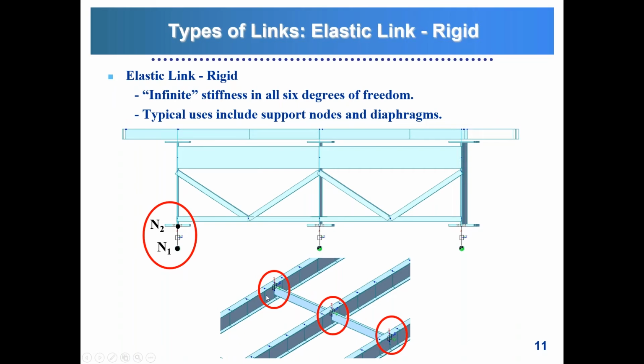And then we also use that at diaphragm connections. So when you have a channel diaphragm or double angle or wide flange section used as a diaphragm, we typically use a rigid elastic link to connect that to the girder.